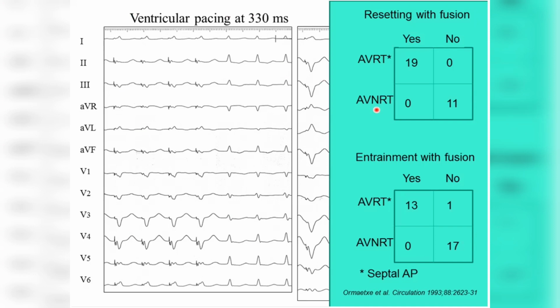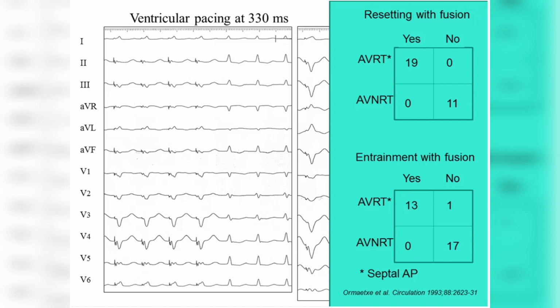And this is so because there is only one gate between the circuit and the ventricle. That's the His bundle. It's a single gate. If you have a single gate, you cannot have fusion between reentry and the paced wavefront. So as expected here, all the cases had no fusion, either with resetting or with entrainment.